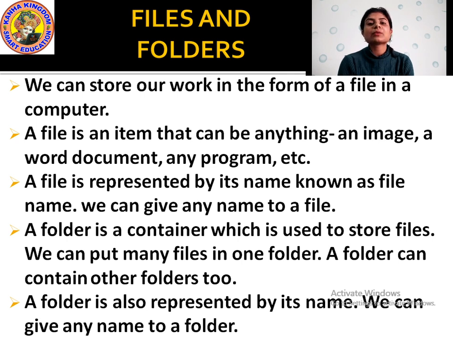Then taskbar, it is the horizontal bar situated at the bottom of the desktop, which contains important buttons like the start button, icons, clock, whatever gives us information about the folders, files.